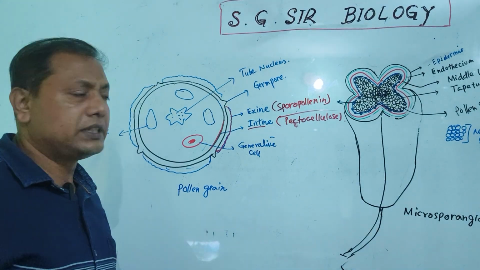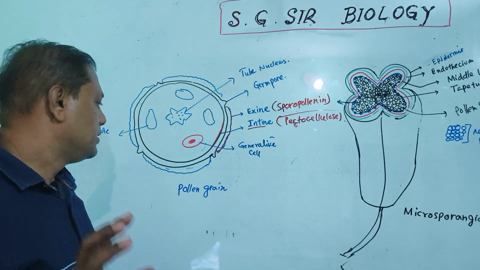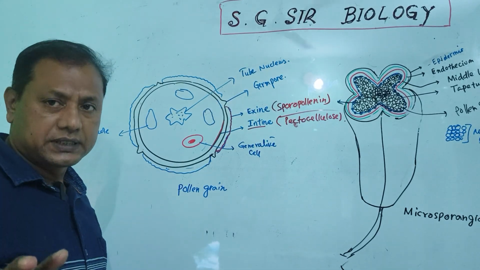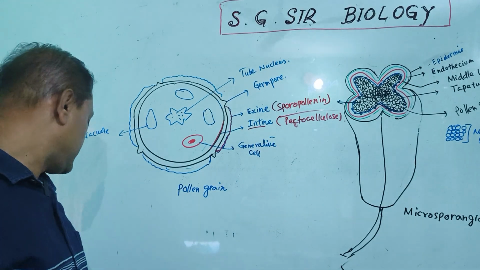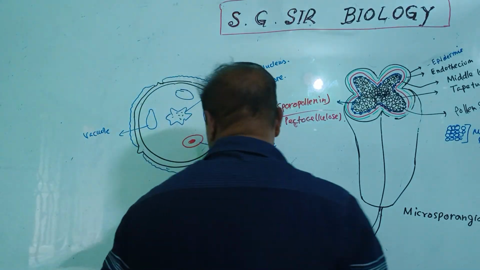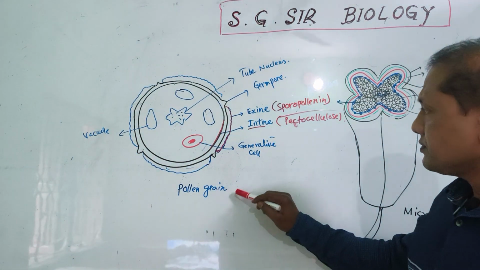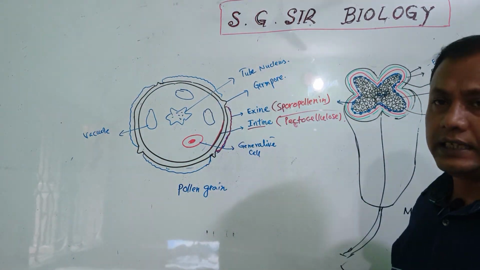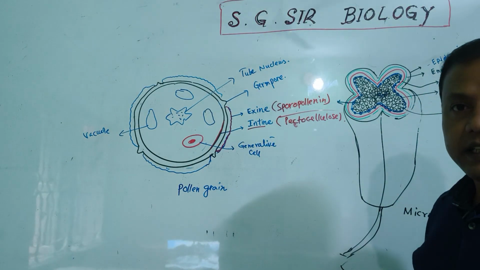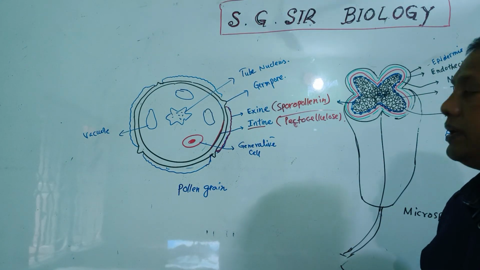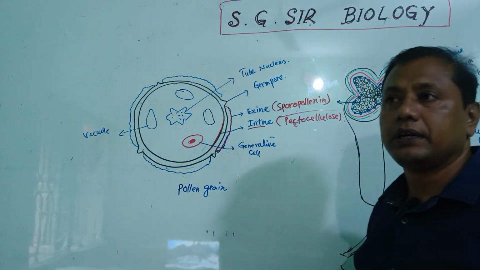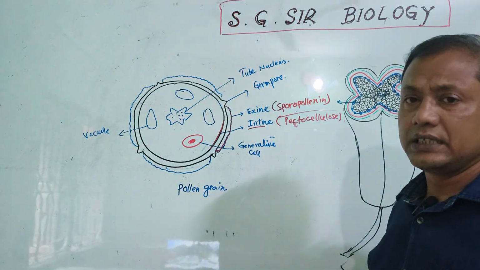I will repeat all the things again. First of all, the pollen grain is the male reproductive cell of flowering plants. It has an outer layer and an inner layer. The outer layer is called the exine layer, which is the hardest substance biologically, and it is not degraded by any temperature, acidic condition, or salty condition.